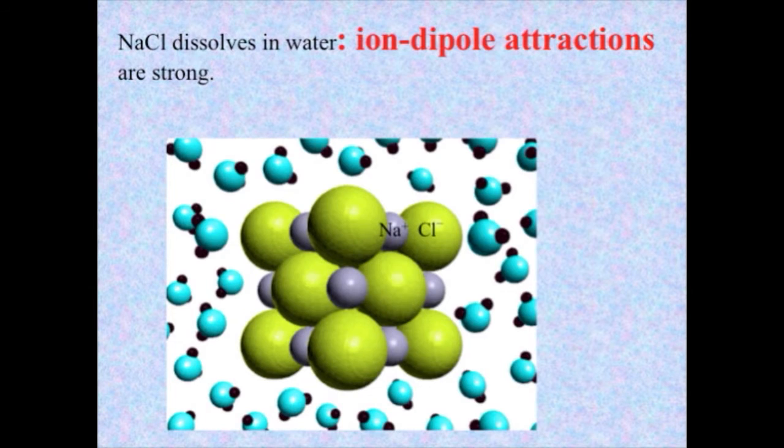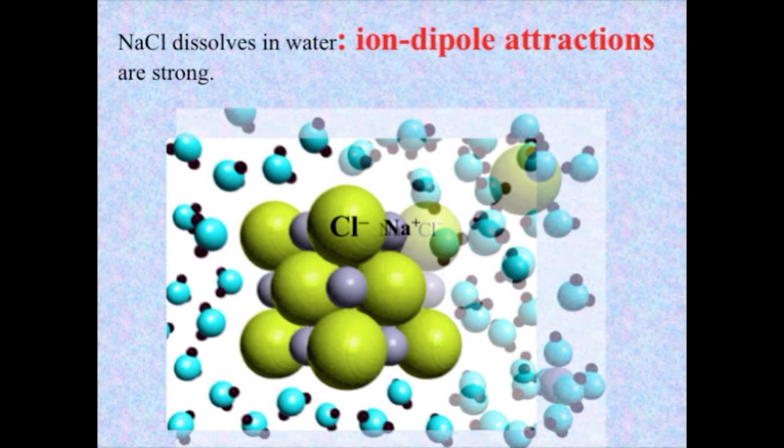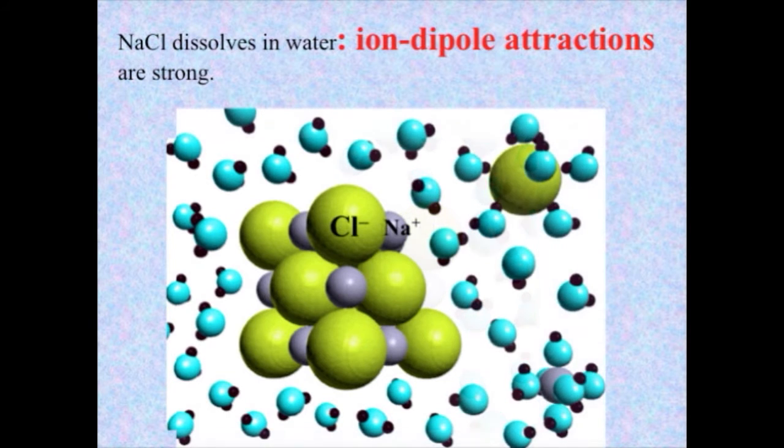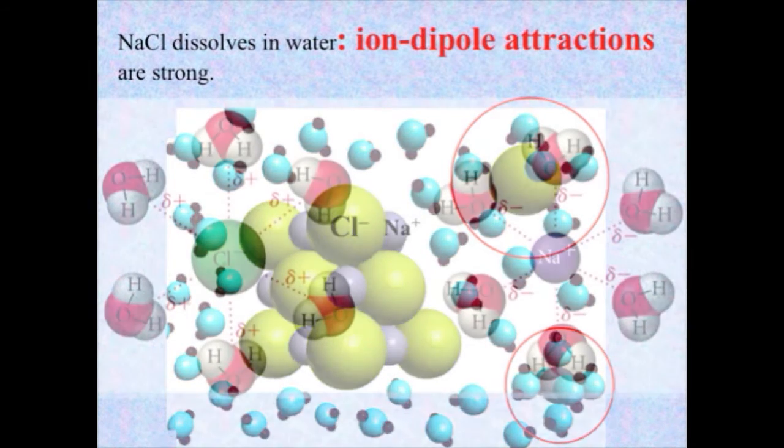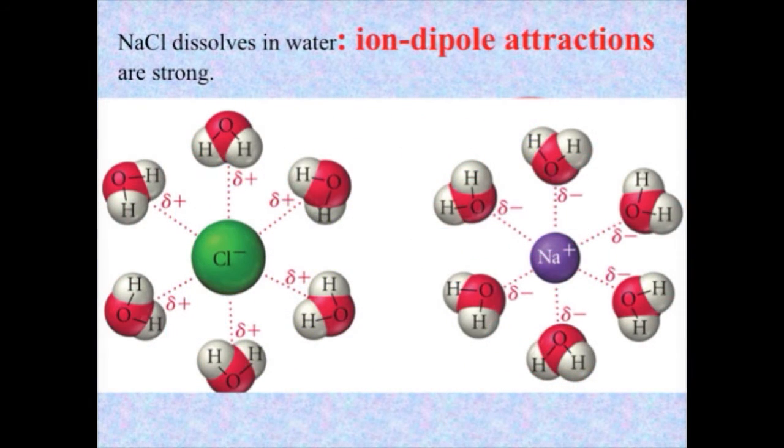Of course, it's the dipole nature of water that allows it to dissolve so many ionic salts. Here's sodium chloride in water, and the chloride ion is negative, the sodium ion is positive, and each of those ions is able to be surrounded by water molecules and pulled off of the crystal lattice in that fashion.